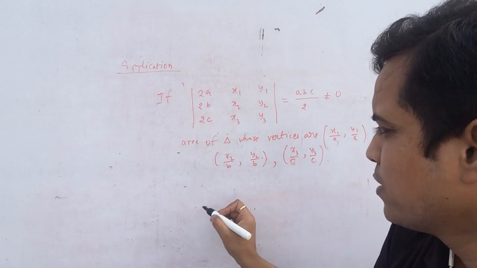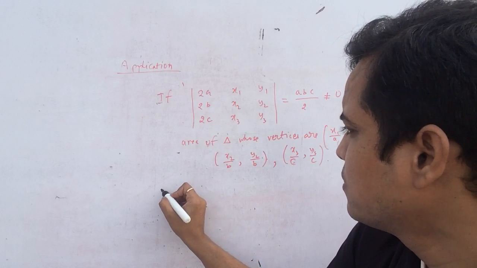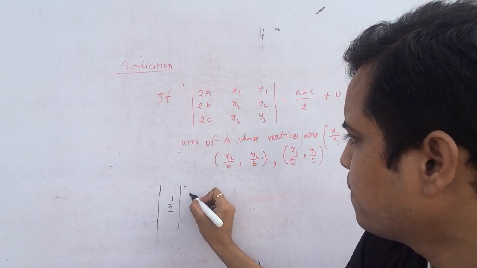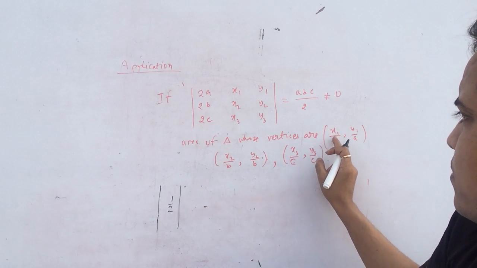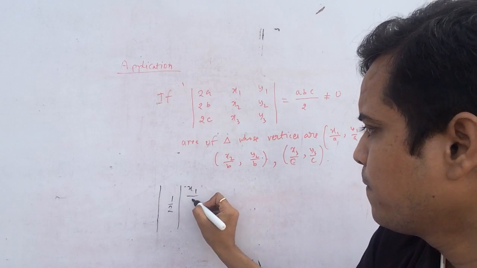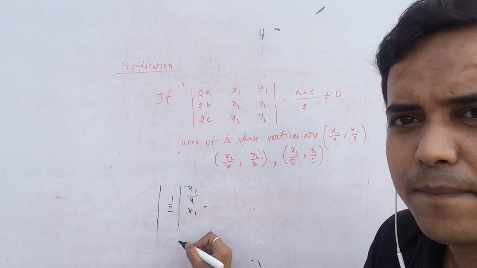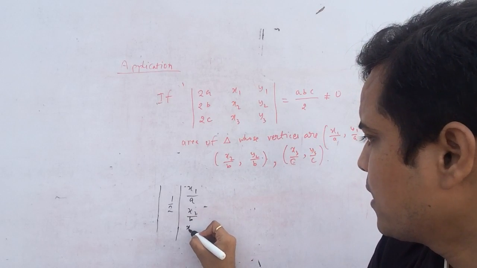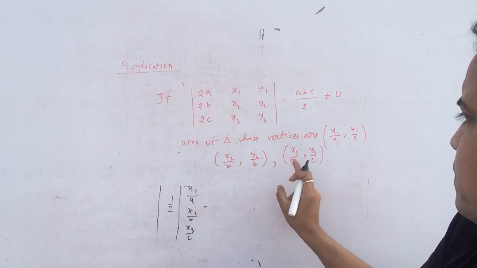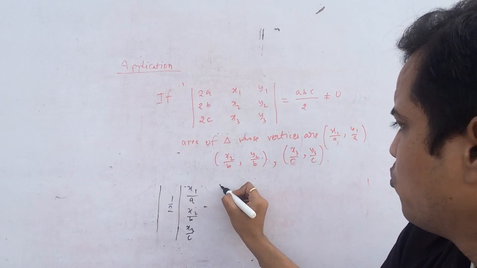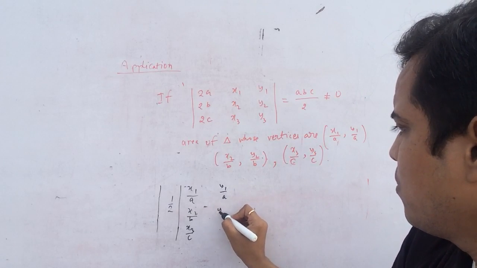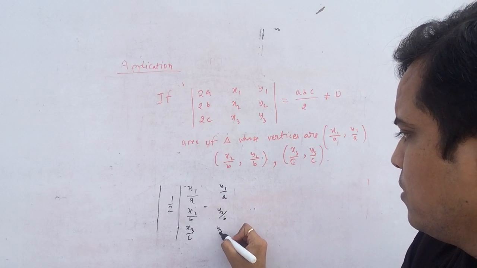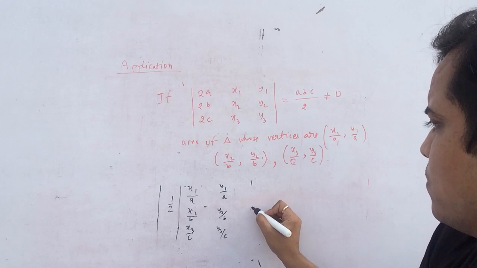So now we are going to apply the formula, and the formula is half of the determinant with x1 upon a, x2 upon b, x3 upon c in the first column, y1 upon a, y2 upon b and y3 upon c in the second, and 1 1 and 1.